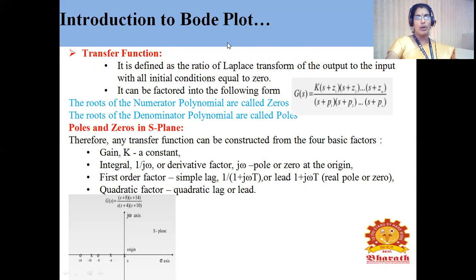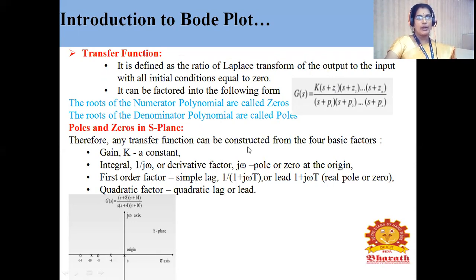So G(s) is equal to K into (s plus z1) into (s plus z2) up to (s plus zn), divided by (s plus p1) into (s plus p2) into (s plus pn). This is the actual representation of the transfer function in the frequency domain. The roots of the numerator polynomial are called zeros and the roots of the denominator polynomial are called poles. Okay, so how are we going to draw the poles and zeros in the S plane?